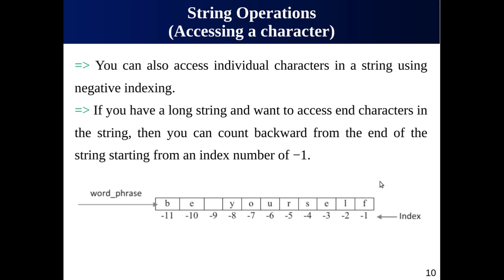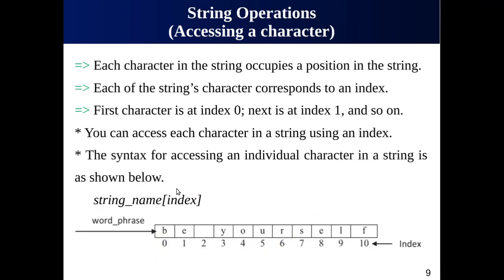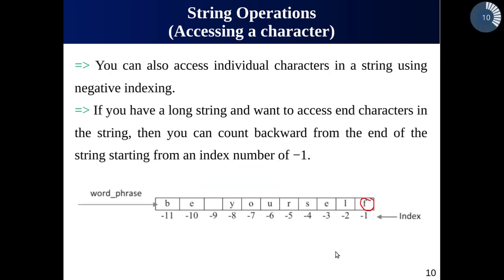If you want to access this character, for example, then in this index you will have to write -1 and it will display this character. If you want to access this character, then the index here is -3. Just write -3 here and it will refer to this location character. That is also possible, another way to access the characters of a string.